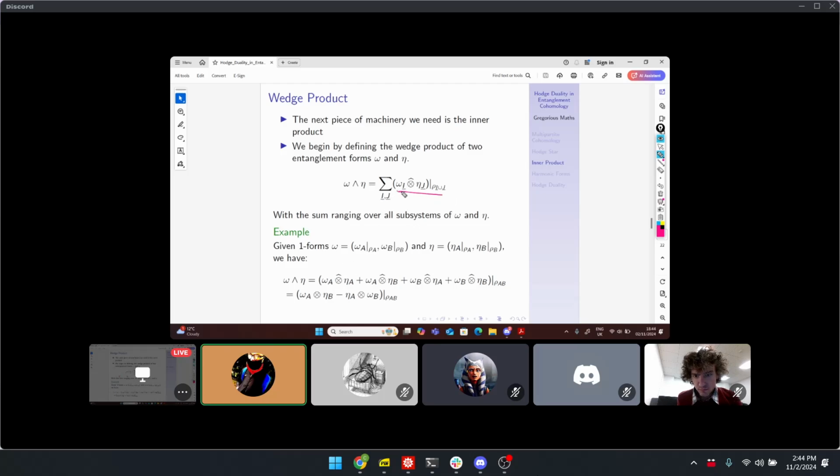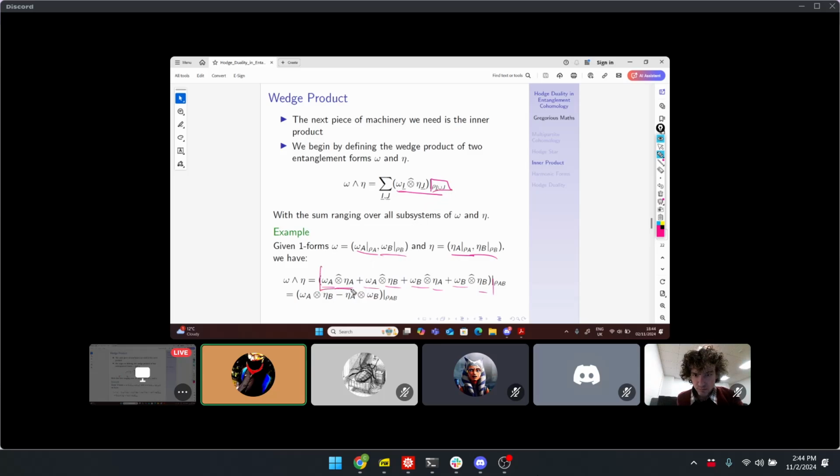First we do omega A times eta A. Then we add omega A times eta B. Then omega B times eta A and omega B times eta B. And we restrict it to the union of these two, which is just AB.